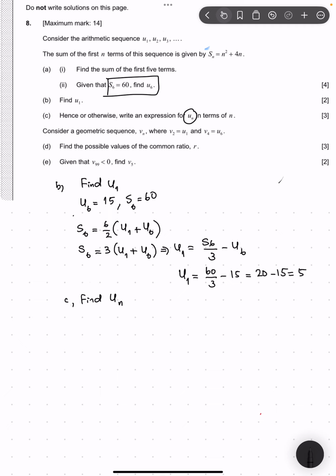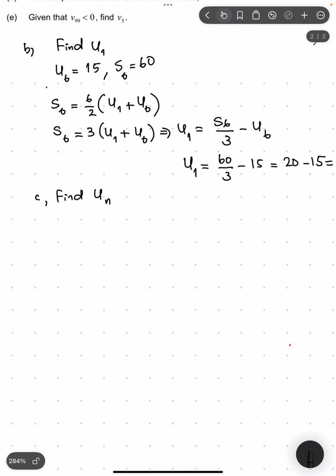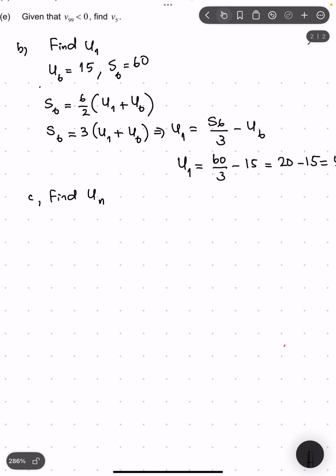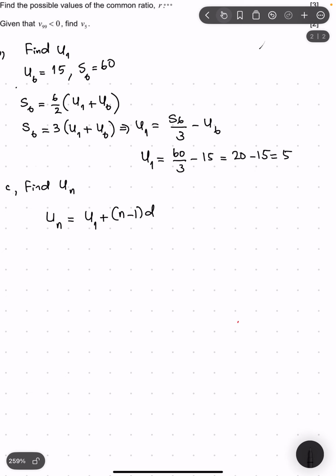For an arithmetic sequence, the formula for the general term is Un equal to U1 plus n minus 1 times d. Here actually we don't have d, right? So what is d, by the way?